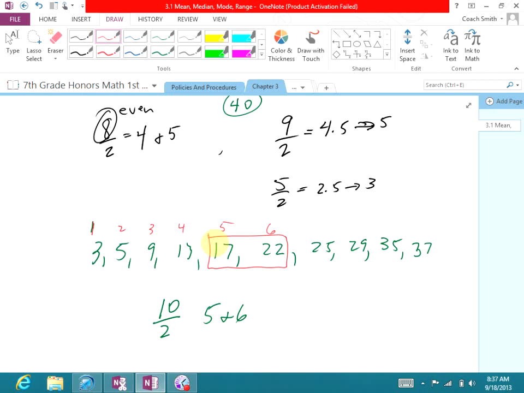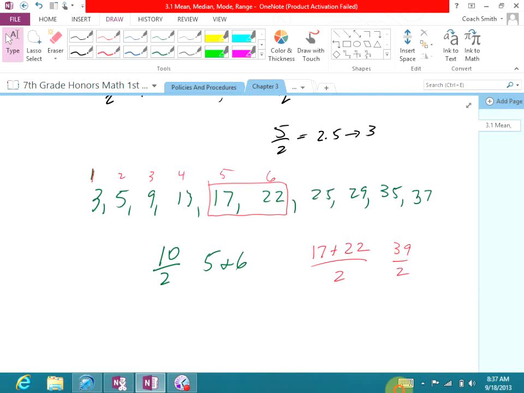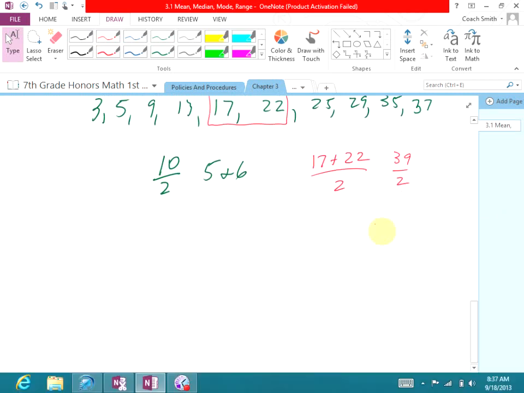Take 17 plus 22, divide it by 2. So that's going to be 39 divided by 2. Okay, 39 divided by 2 is 19 and a half. So the median for that set of numbers there would be 19 and a half.